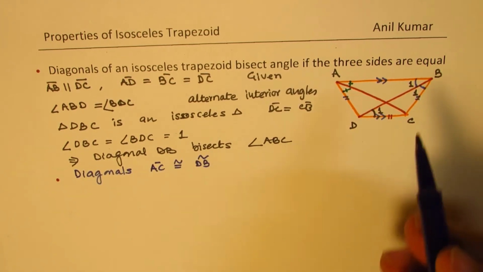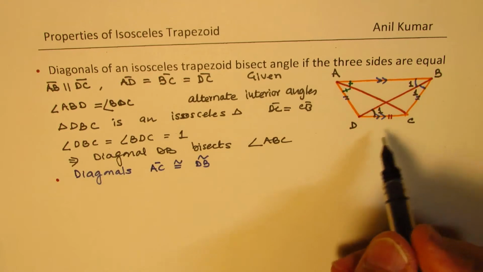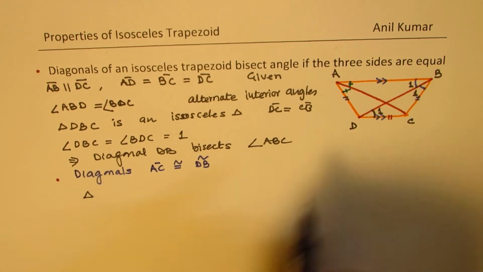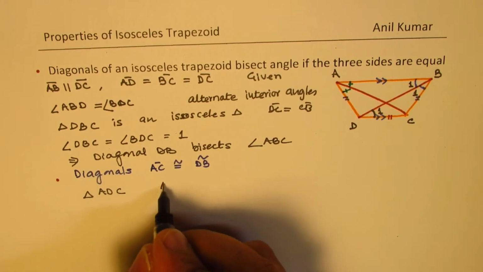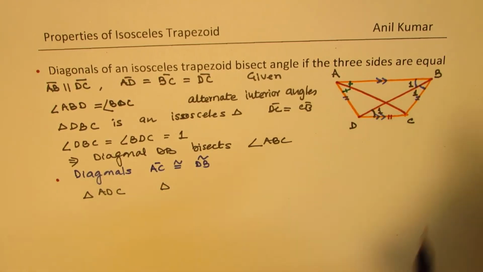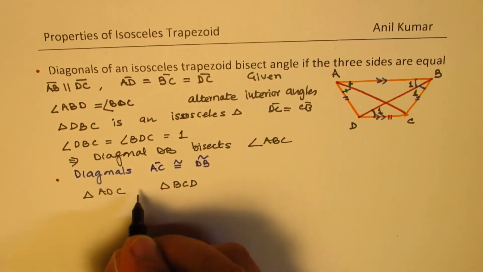So we also have to show that these two are congruent. Well, that can be easily done by proving triangle ADC and triangle BCD as congruent.